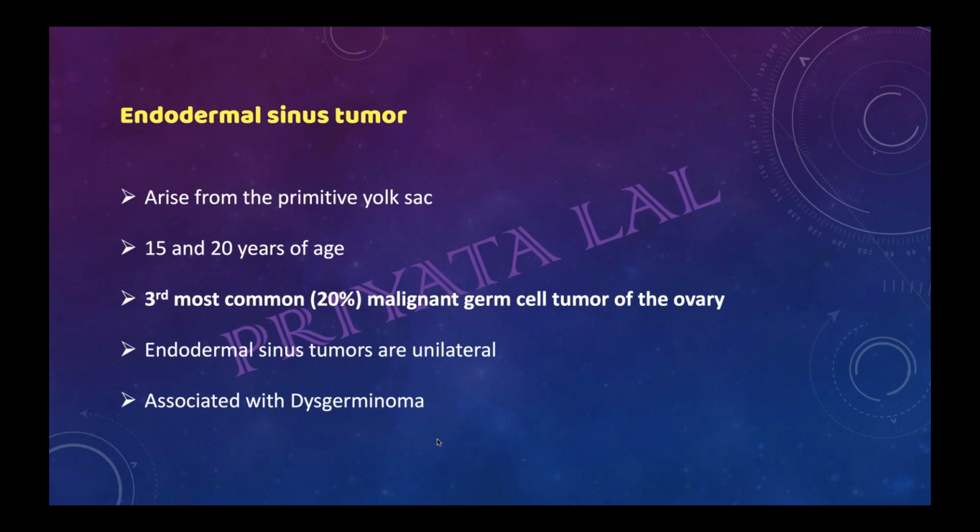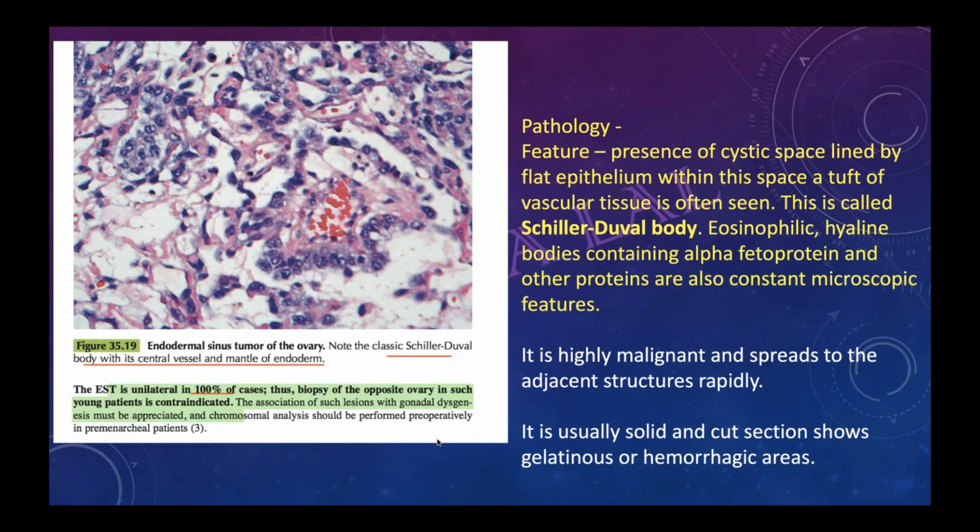We already know that it arises from the yolk sac. Young age, third most common malignant tumor. It is almost always unilateral, associated with germinoma as we read there also. What is important to learn for the exam is that in the pathology of endodermal sinus tumor, there will be presence of Schiller-Duval bodies, or SD bodies.